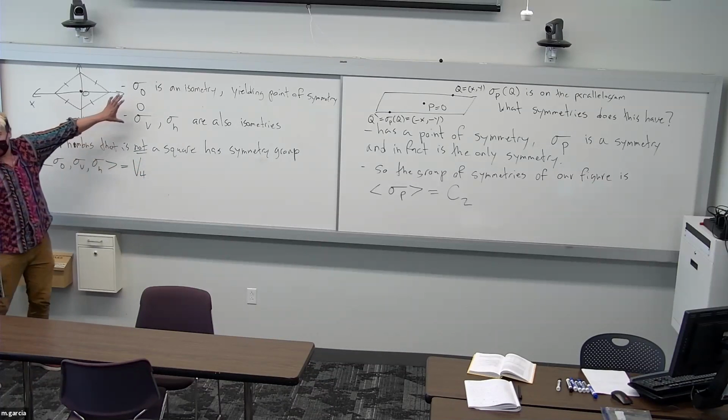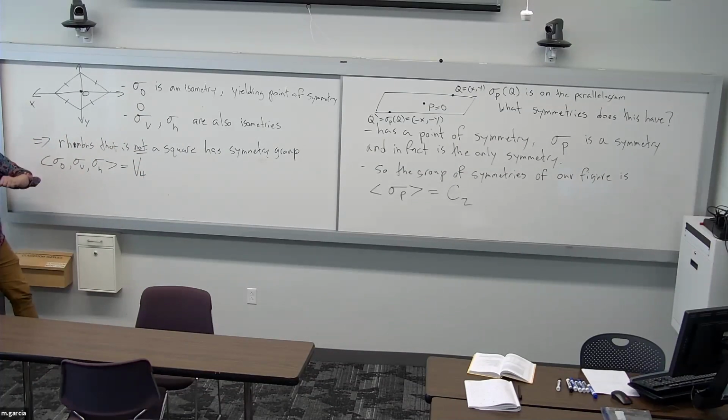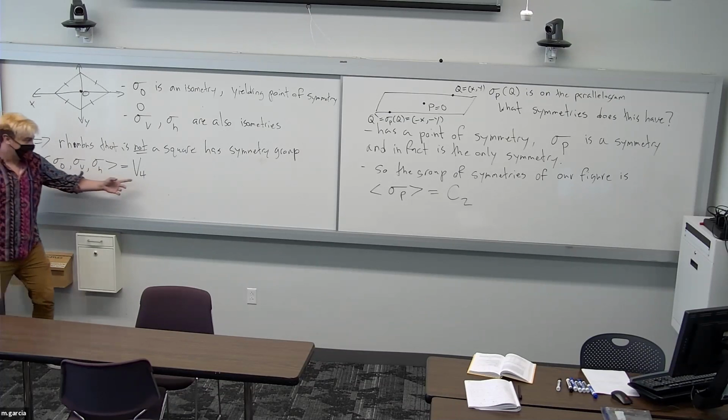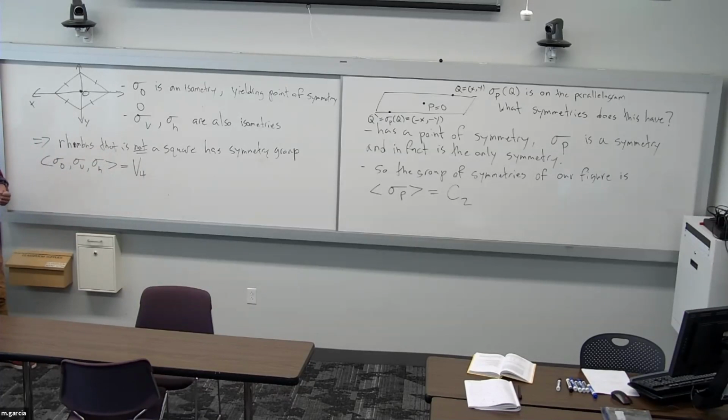Okay, I recognize these three symmetries. I take the group generated by these, and I get V4. Okay. Just the same as a rectangle, even though it's not a rectangle.